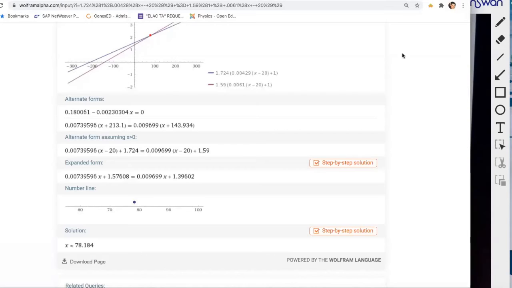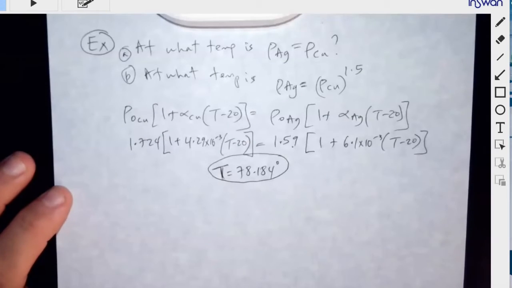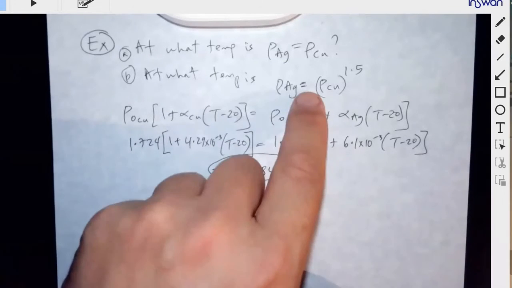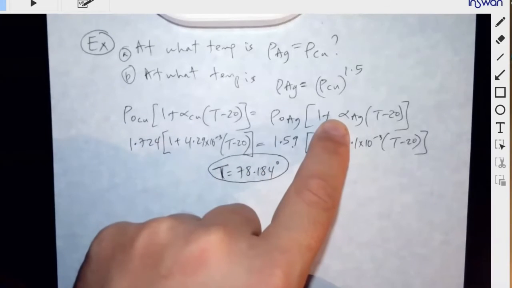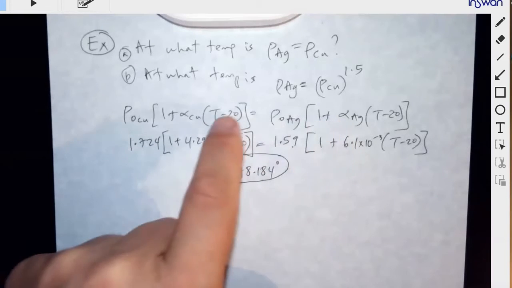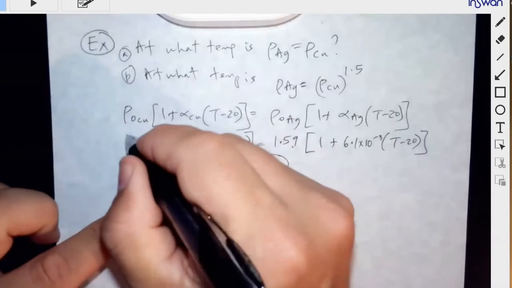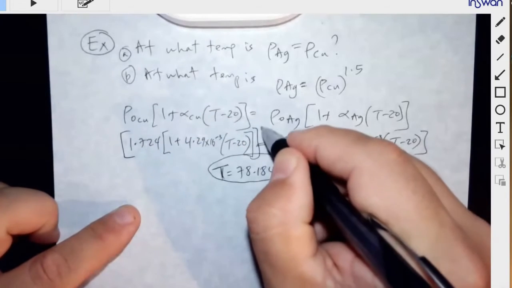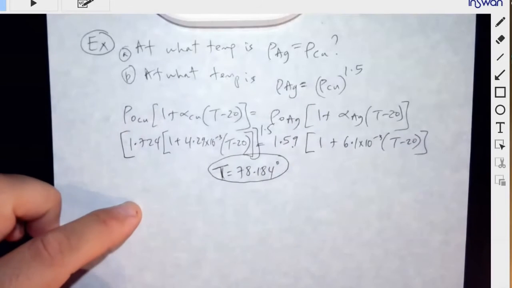Okay, how about D? Some random condition. So then we want the silver to be 1.5 of that. So basically this whole thing would be to the power of 1.5. Then I'm going to have to heat it more, right?